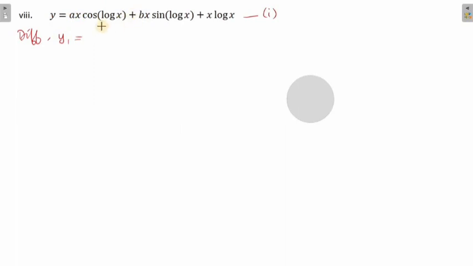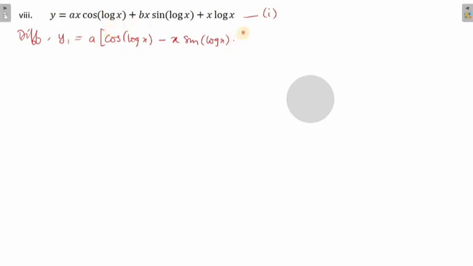When you differentiate, first a is a constant. Differentiate x, you get 1, so keep cos log x as it is. Now keep x as it is and differentiate cos: it becomes minus sine log x into, as per chain rule, you need to differentiate log x also.